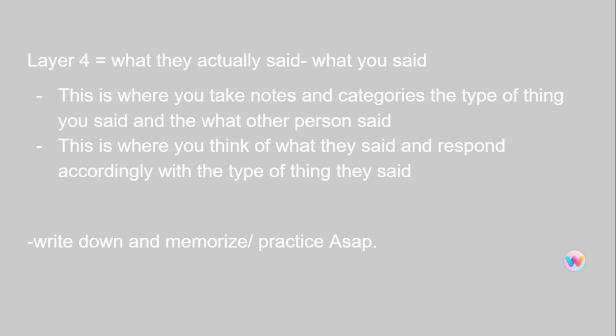Now the last layer is layer number 4. Layer 4 is what they actually said, or what I actually said, or what you actually said. This is where you take notes and categorize the type of thing you said or what the other person said. This is where you think of what they said and respond accordingly with the type of thing they said.